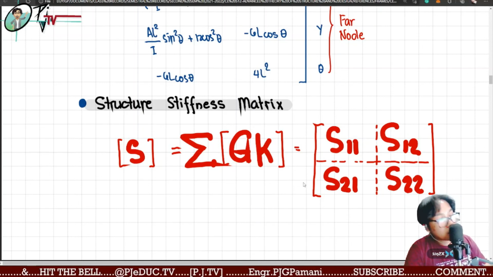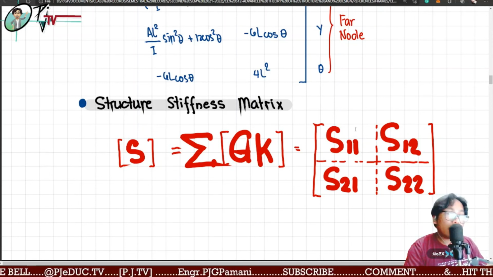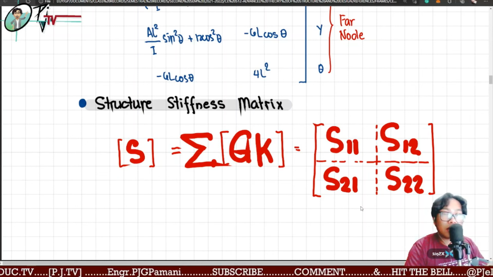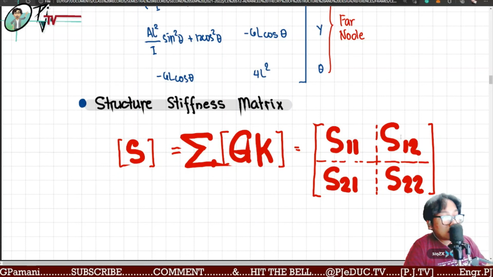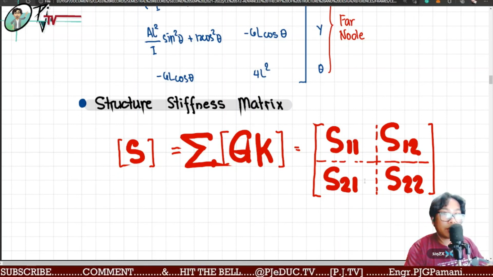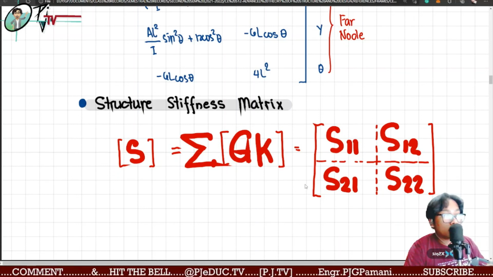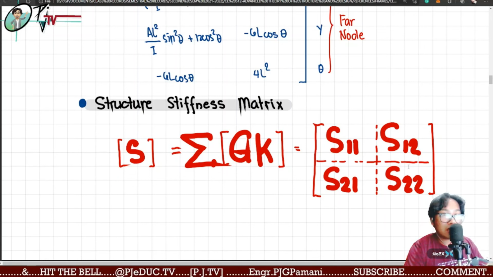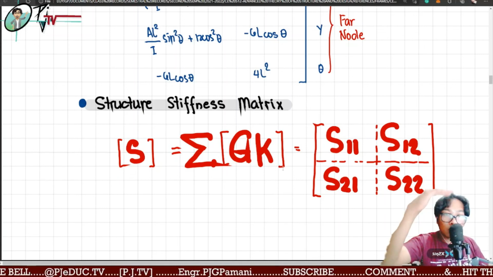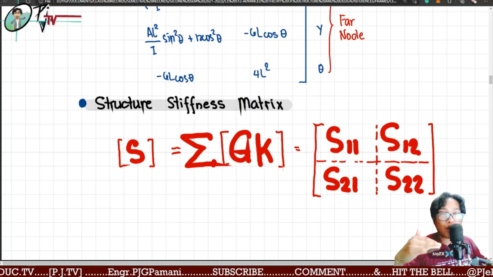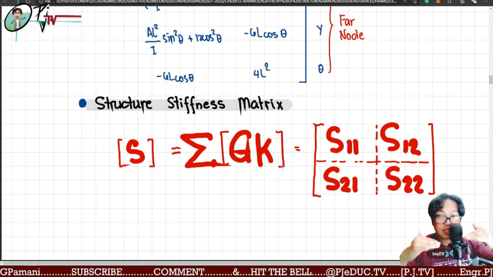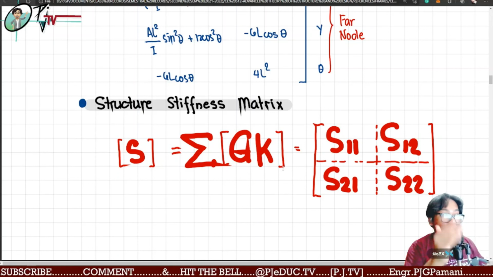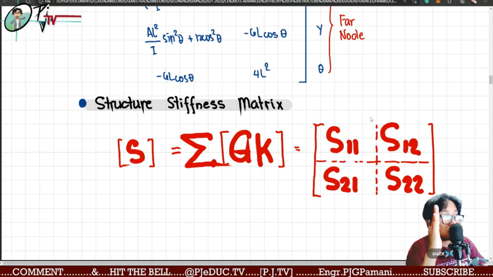Then from there on, you may start adding those dashed lines to identify your partition matrix: S11, your S12, your S21, and S22. Your horizontal partition matrix refers to the number of rows where there are unknown deflections or unknown displacements. Ganun din si vertical.